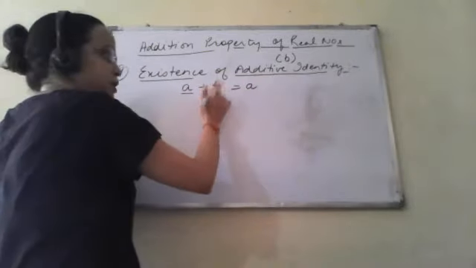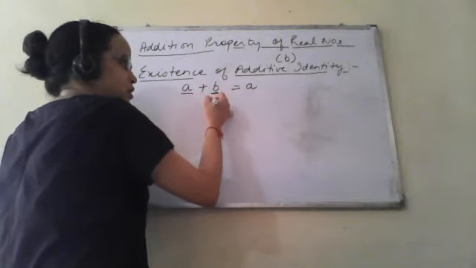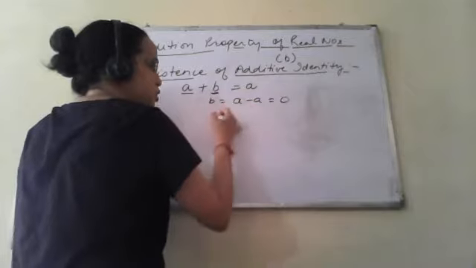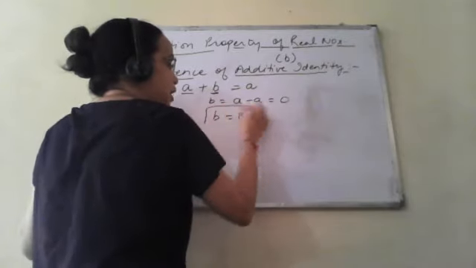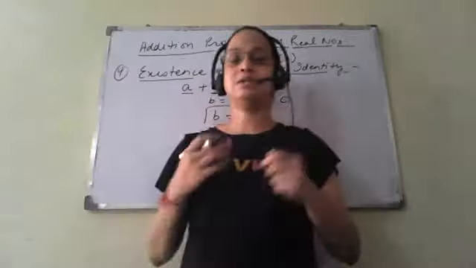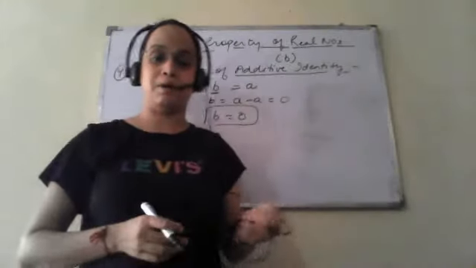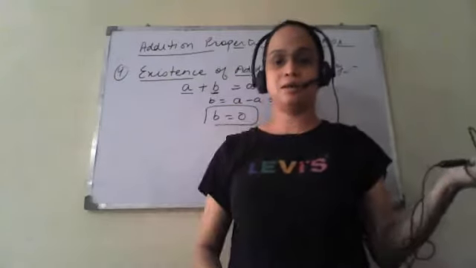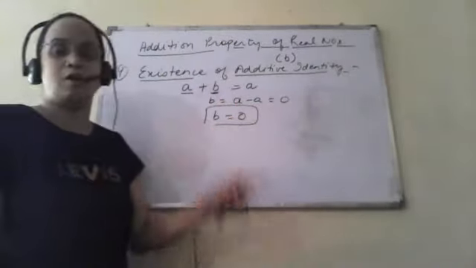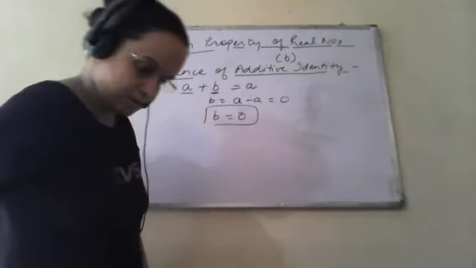What will be the value of B? We shift it across and it becomes 0. So 0 is the additive identity of any real number. It means that when we add 0 to a particular real number, the answer will be the same as the real number. It will not be changed. So 0 is the additive identity of all real numbers.